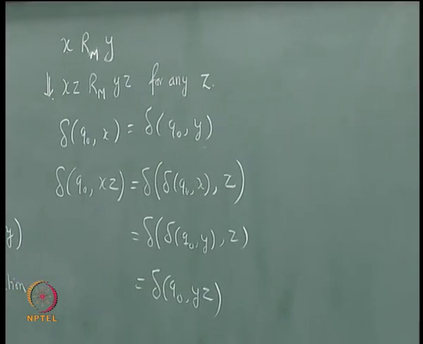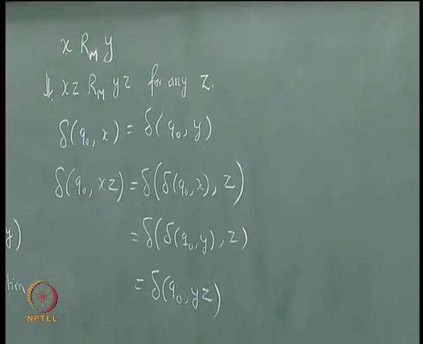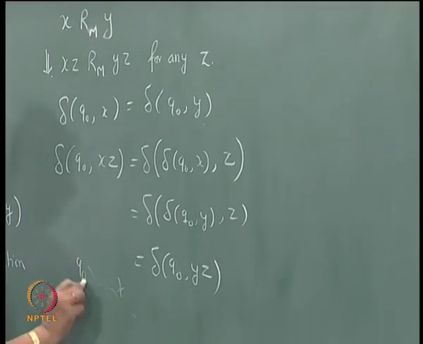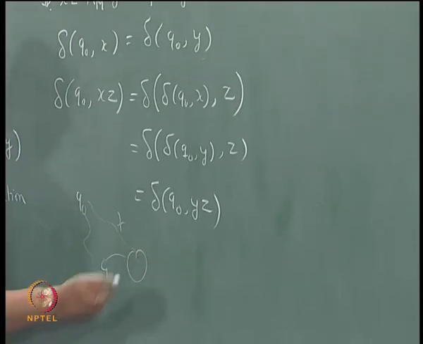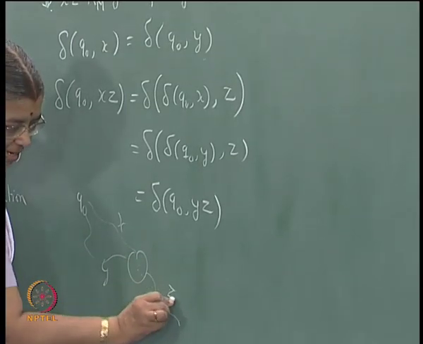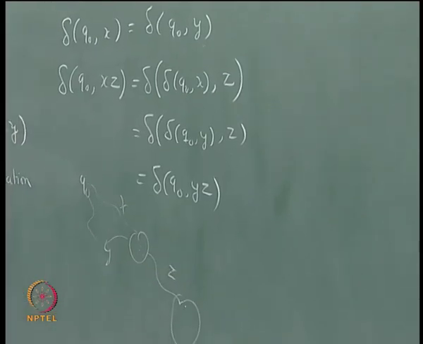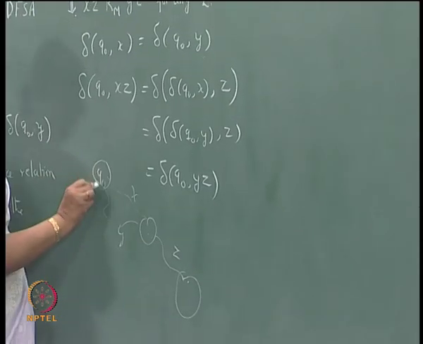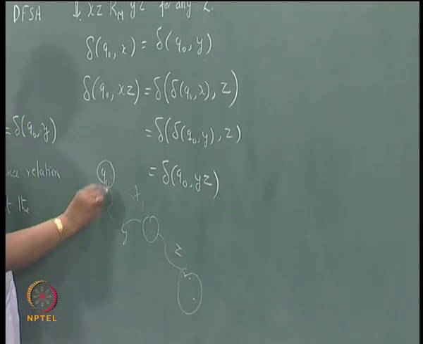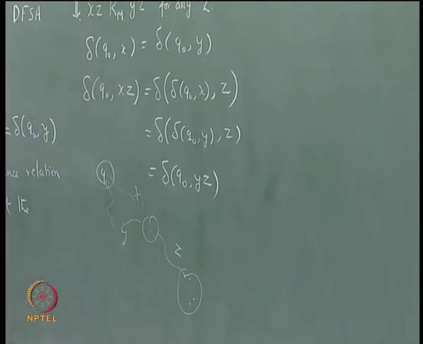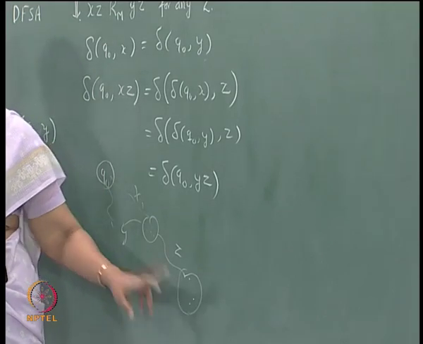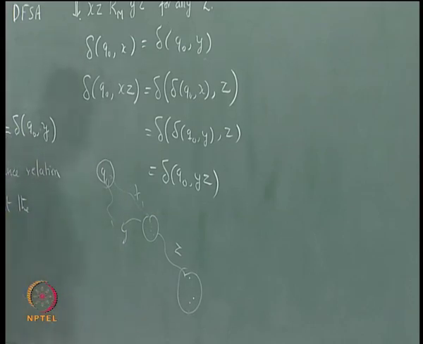So, Rm is right invariant. In essence, it means that starting from q naught, after reading x or after reading y, you reach a state. Then from here, if you read z, you go to another state, right. So, whether you read xz or yz starting from q naught, you go to this state. So, they belong to the same equivalence class, that is what it means. So, it is right invariant.